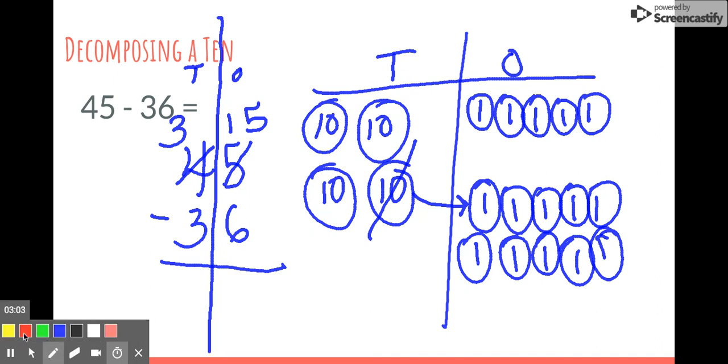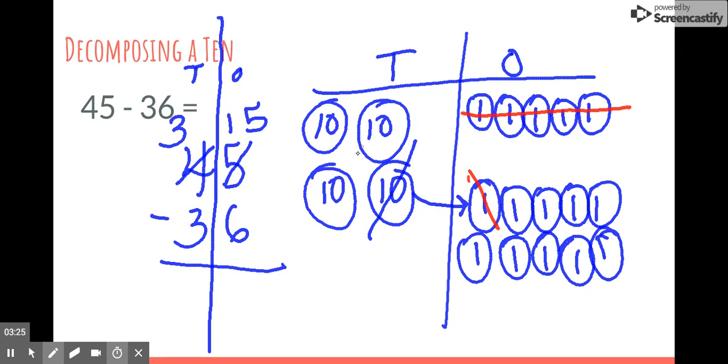So all I have to do is cross off 6 ones. I know that these are all 5 and 1 more, that's 6. So I took away 6 ones. Now I'm going to go over here and I'm going to take off 3 ones. Now remember, I'm sorry, 3 tens because I'm working in the 10 spot, not 3 ones. 3 tens.